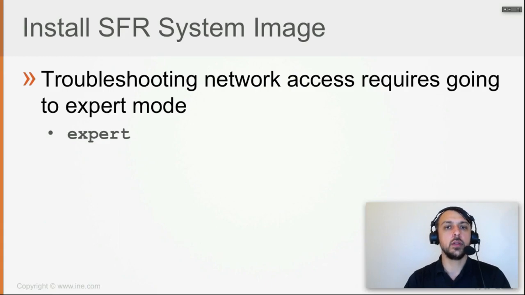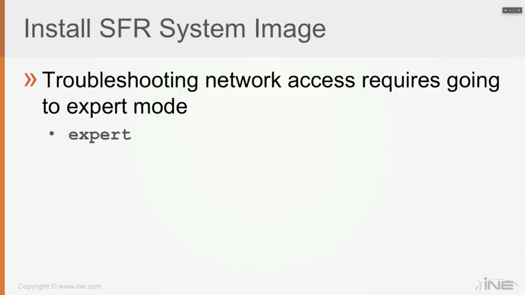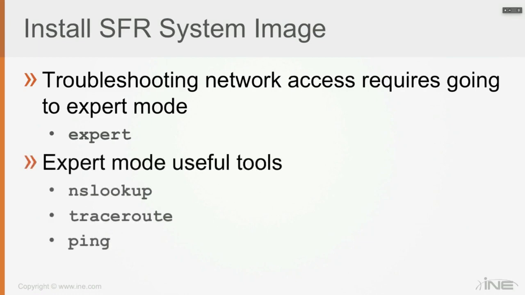You may want to do some kind of troubleshooting, which requires expert mode access. The commands are not visible from the regular, non-expert mode. So you have to go in the expert mode, and then you're going to be able to use NSLOOKUP or traceroute or ping.